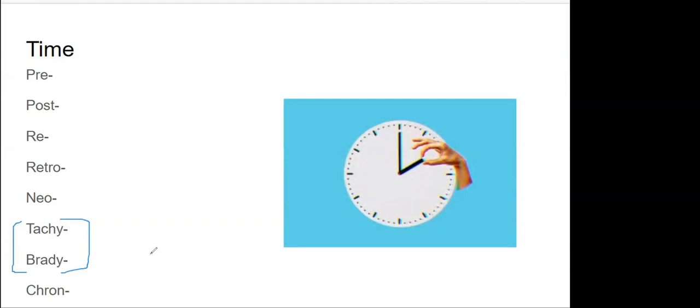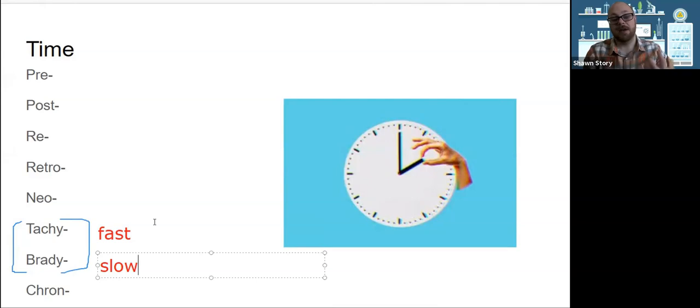So tachy is fast and brady is slow. And so a tachycardia would be like someone has a really elevated heart rate. Often could be a warning sign. That's one of our warning signs of heart attack, right? Tachycardia, that increased heart rate, something is happening.